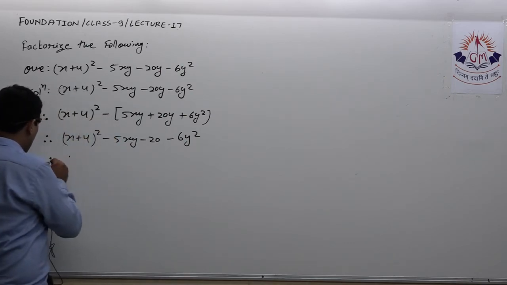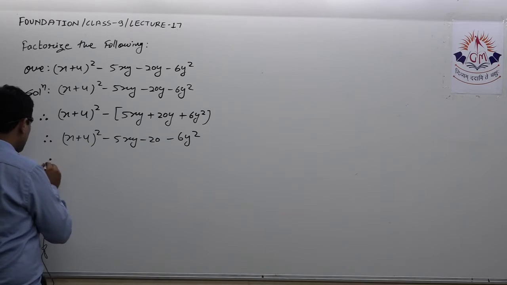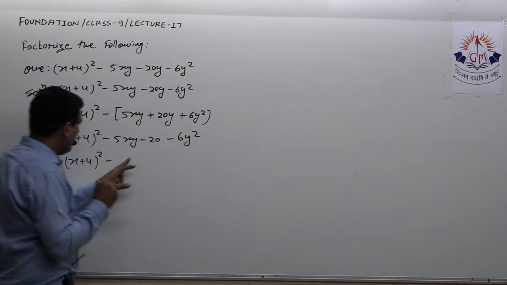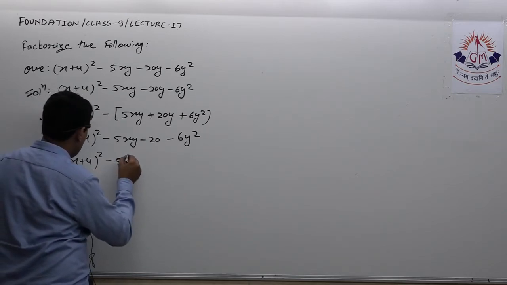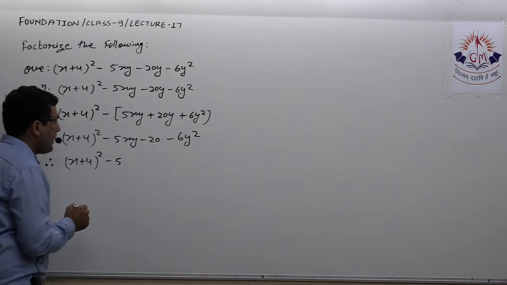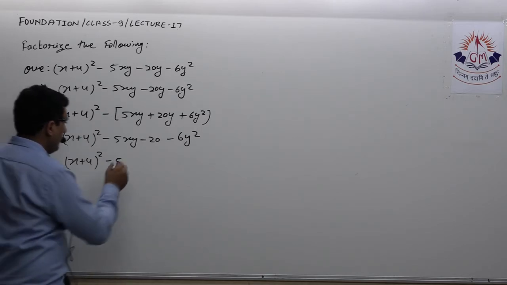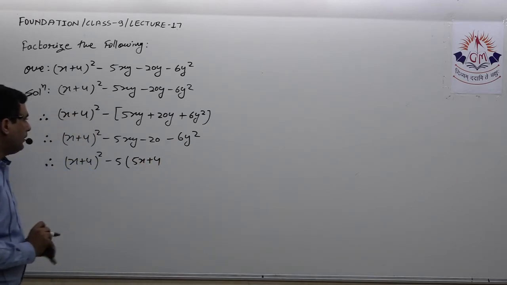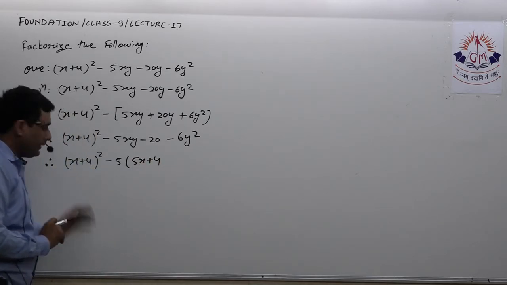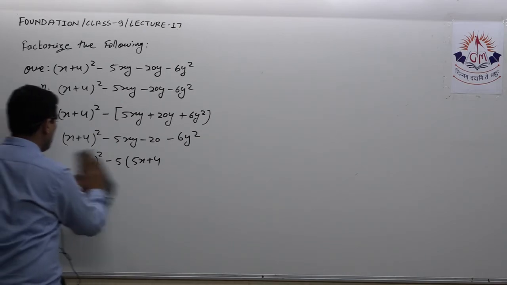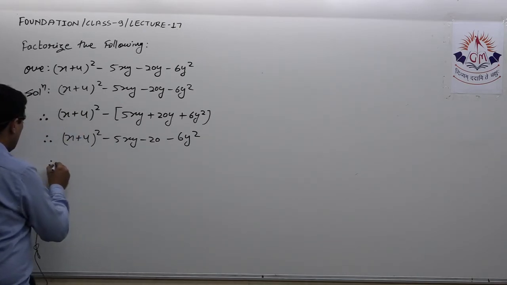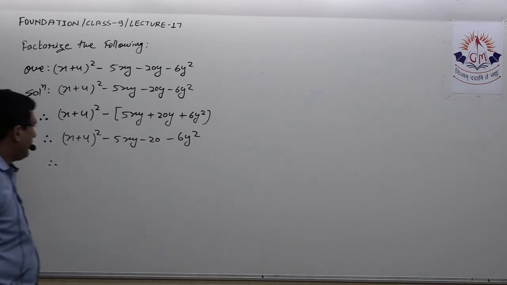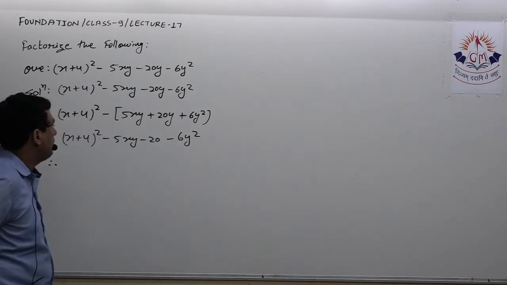So here I have x plus 4 whole square minus, from these two I can take minus 5 common, so I will get 5 times x plus 4. That is again not going to fit any identity. So this is x plus 4 whole square minus 5xy minus 20y minus 6y square.